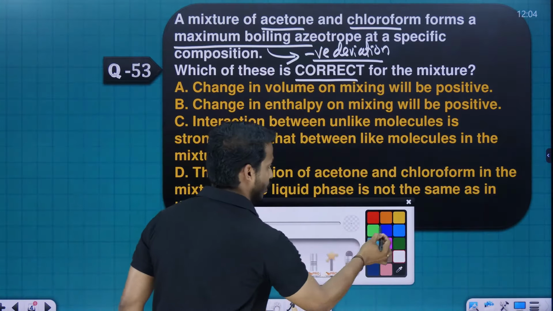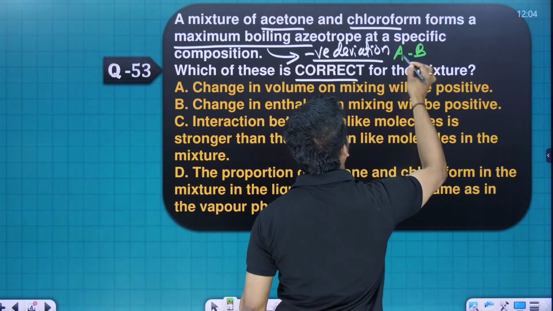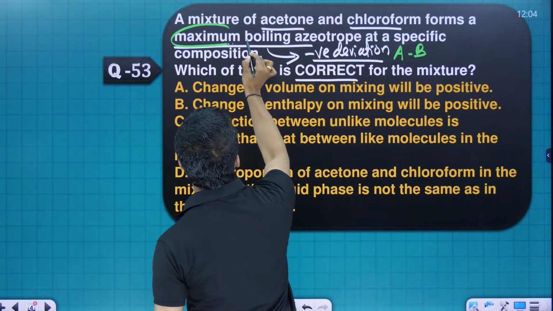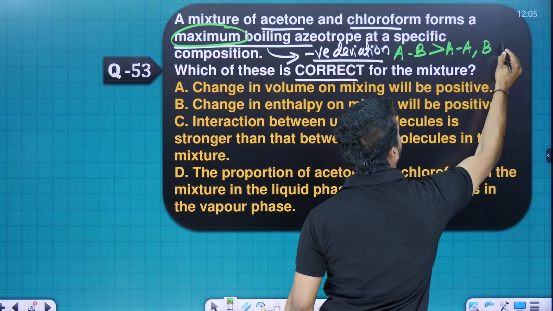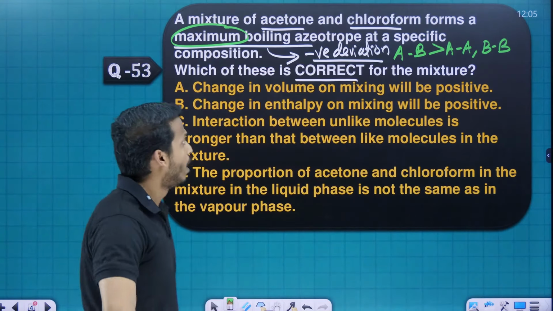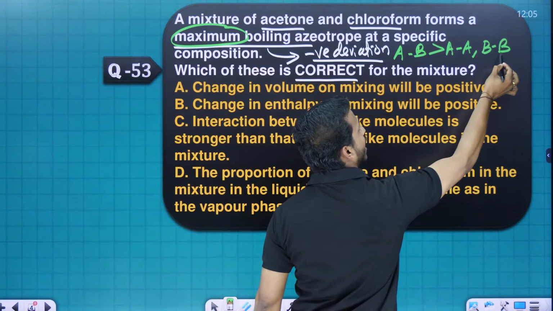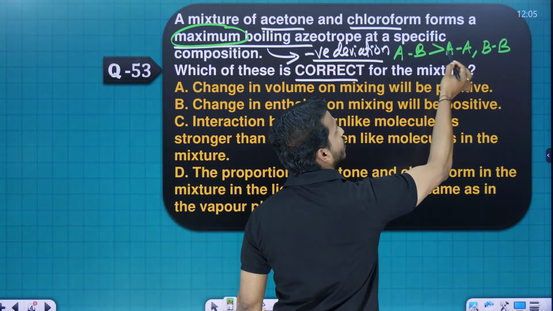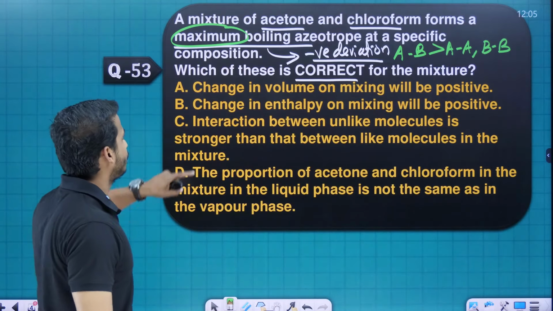For negative deviation, why do they form maximum boiling? Because AB interaction is stronger than AA and BB interaction. Or we can say solvent-solvent and solute-solute interaction bond strength is weaker than solvent-solute.